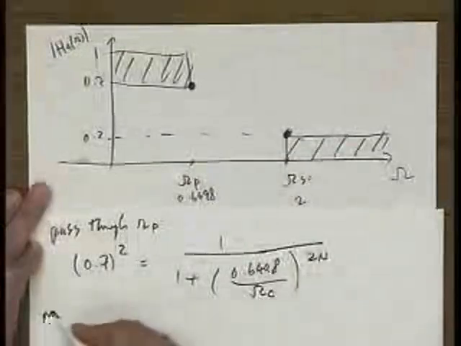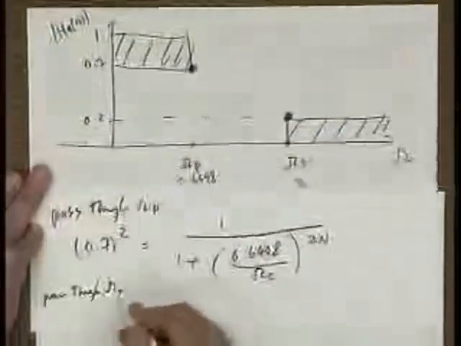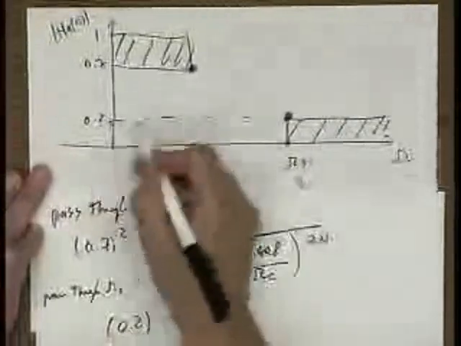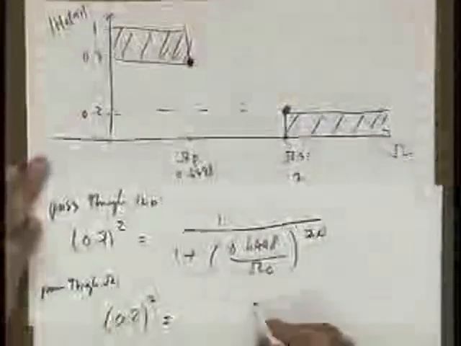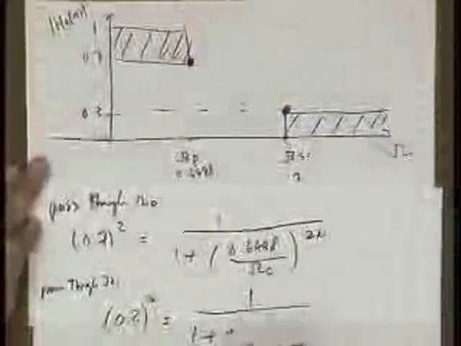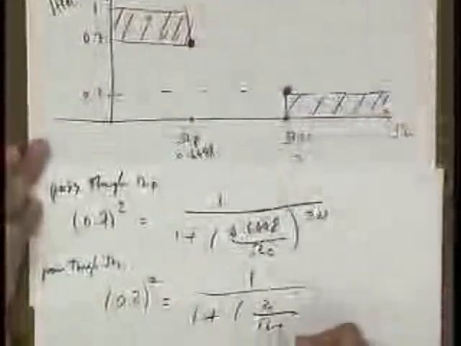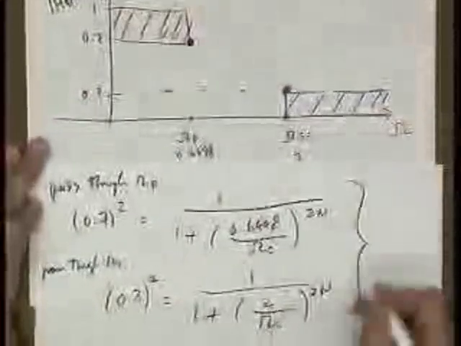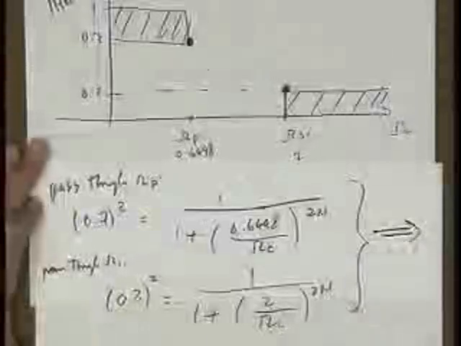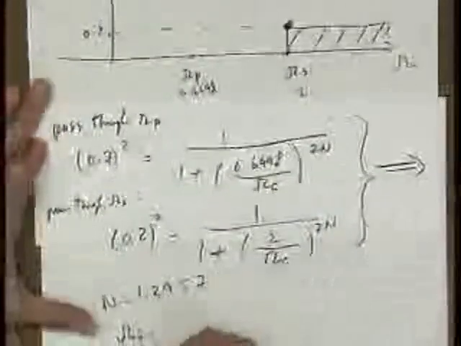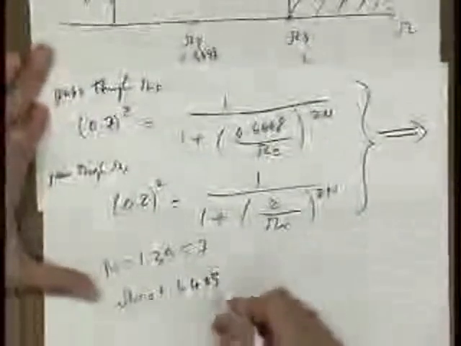And to pass through the omega s point, I get 0.2 squared is equal to 1 over 1 plus (2 over omega c) to the power of 2n. I combine these two things, and I get n equals 1.3957, and omega c equals 0.6405.